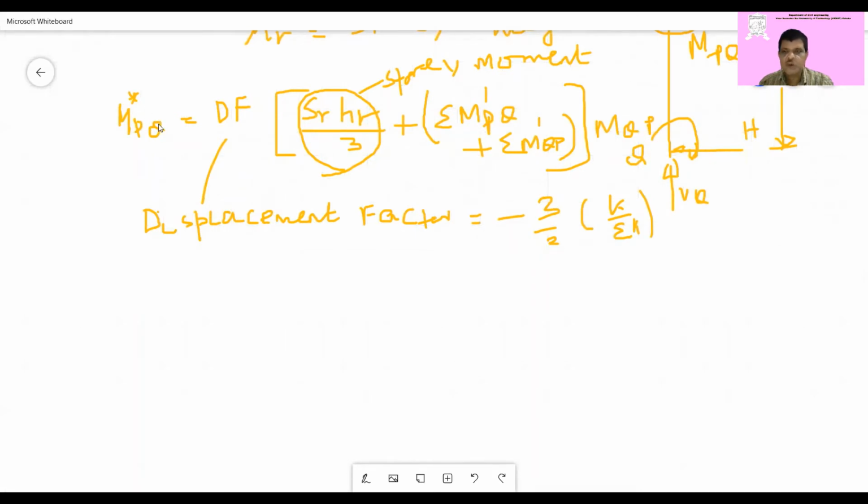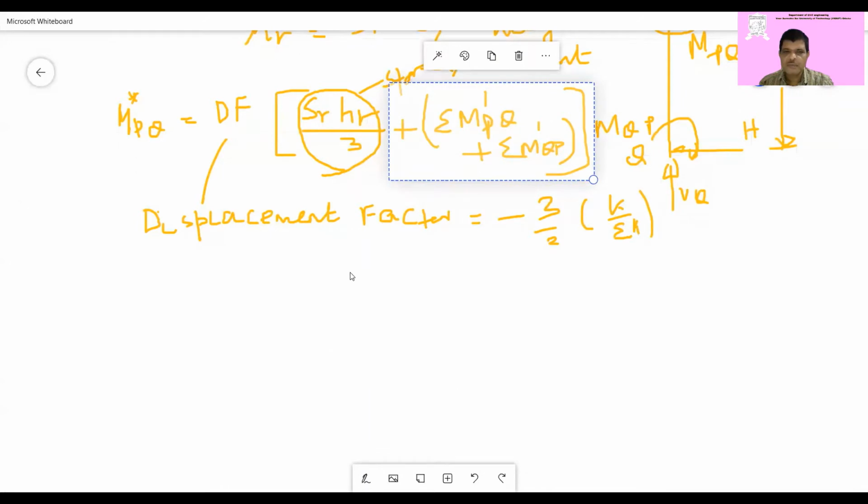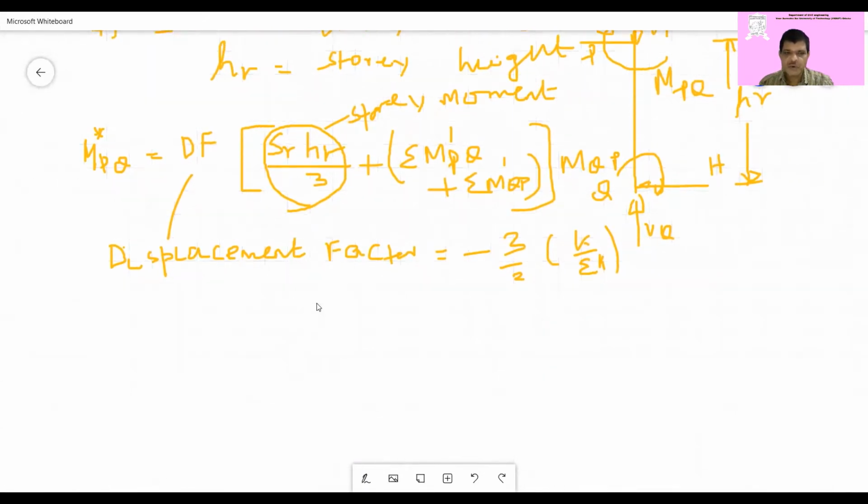This is the displacement contribution to the column. The displacement contribution to the column is equal to the displacement factor times the bracket of the story moment plus the rotation contributions at the top and bottom ends of the columns in the story, M dash P and M dash Q. So in the story you can calculate the rotation contribution at this end and at this end, for as many columns as are connected, and you can find this value. So this is how you calculate the displacement contribution to the column.